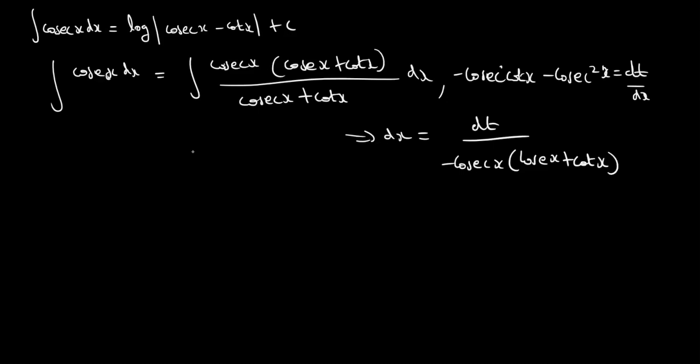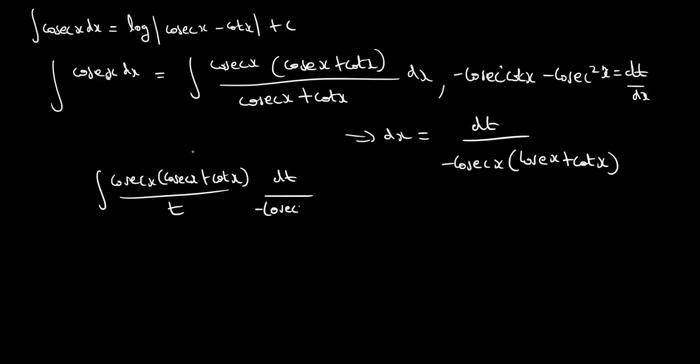So our integral will become integral of cosec x into cosec x plus cot x by t. Instead of dx, we will replace by dt by minus of cosec x into cosec x plus cot x. So we can just cancel these terms.